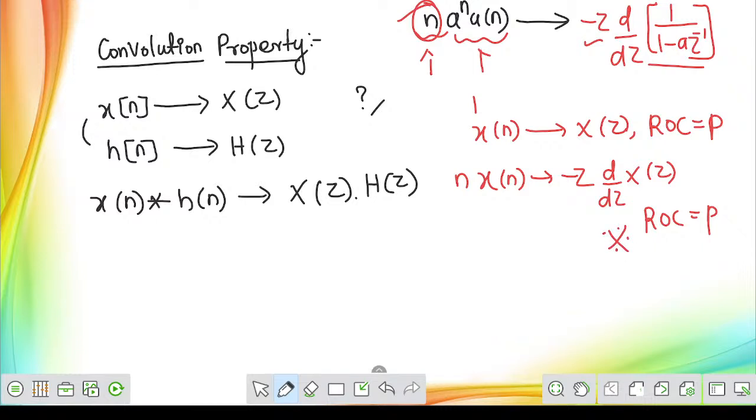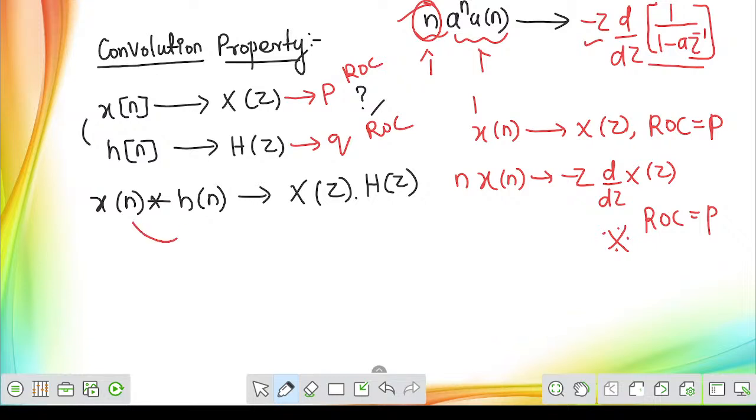The other one is the convolution property. Let us say for x of n, its corresponding ROC is P, and for h of n, its corresponding ROC is Q. The regions will be given. Then what will be the ROC of these two?